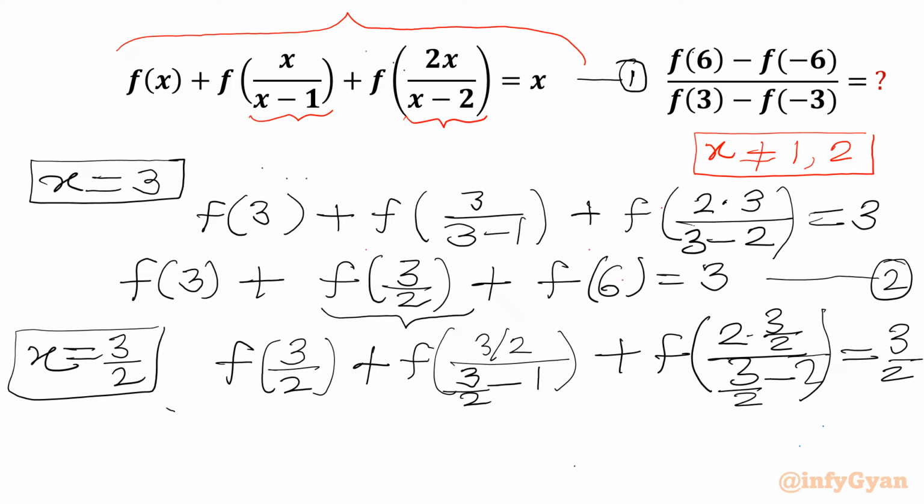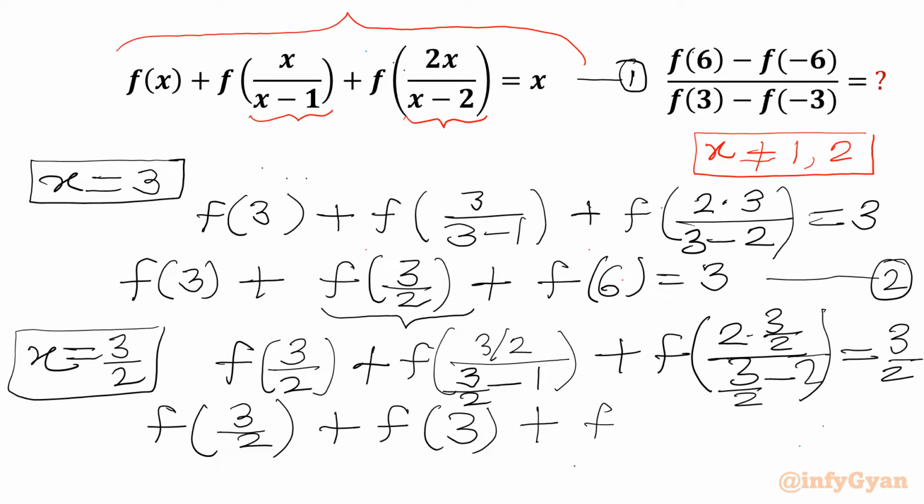Let's simplify. I will get f(3/2) + f(3/2 over half), so f(3), plus f of, the 2 cancels out, 3 over 3/2 minus 2, which is minus half, so it will give us f(−6). And the right-hand side is 3/2. Let me call this our equation number 3.